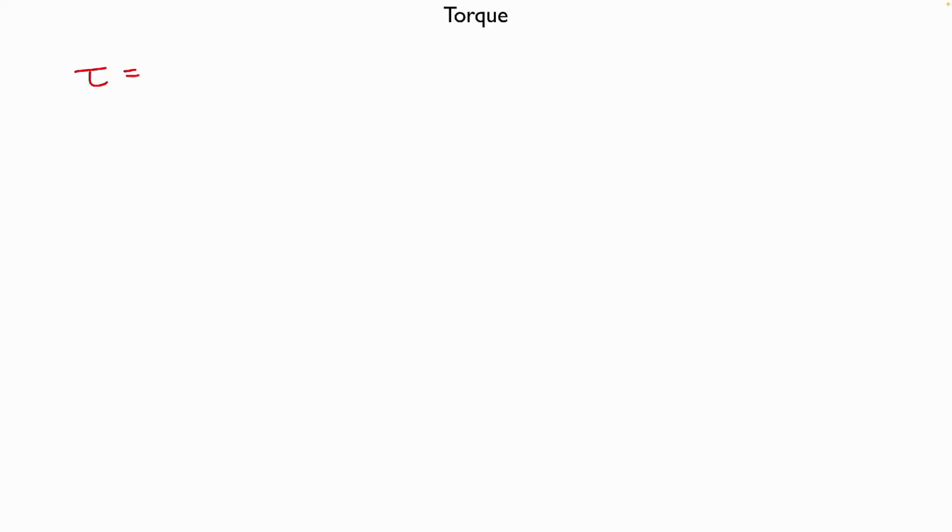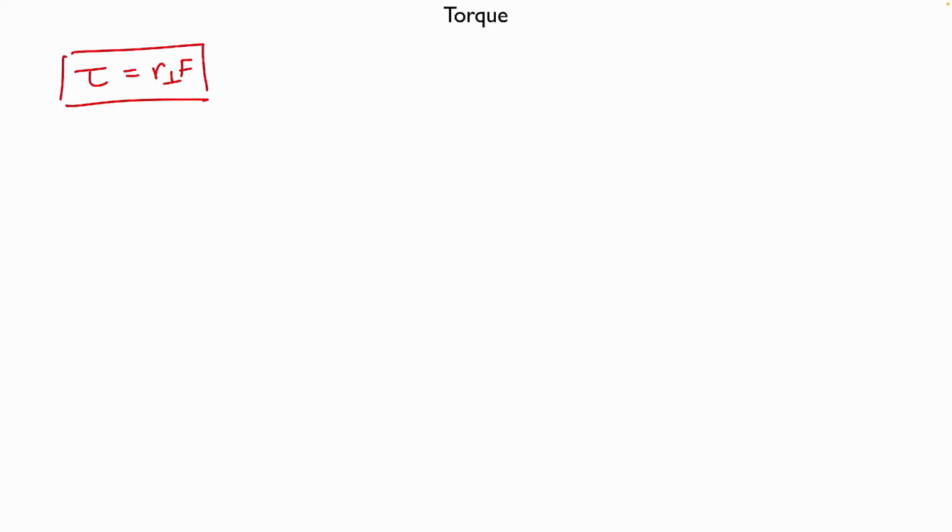Now, I'm going to give you the full vector definition of this later, after we've tackled something called the cross product. For right now, I want to talk about magnitudes of torque, and I'll show you how to deal with directions in a little bit. This is how I like to teach it, think about it, and use it.